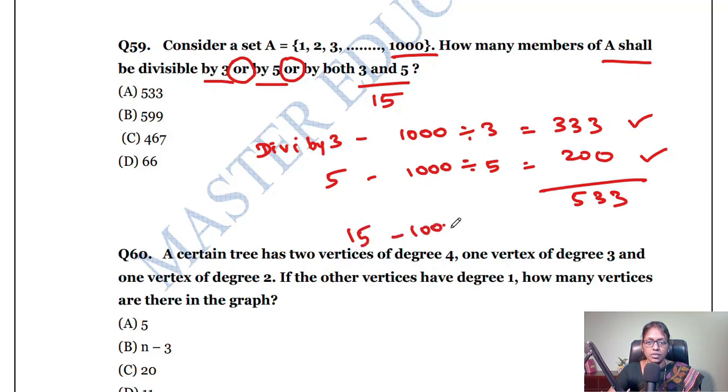The number of values divisible by 15 is 1000 divided by 15, which is 66. We have to subtract this from the total, because they are asking for 3 or 5. So when you subtract 533 minus 66, you get 467. So 467 is the answer.